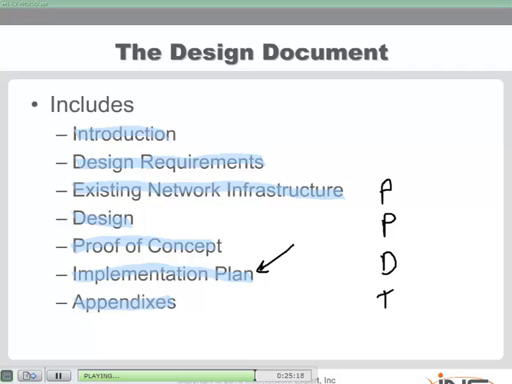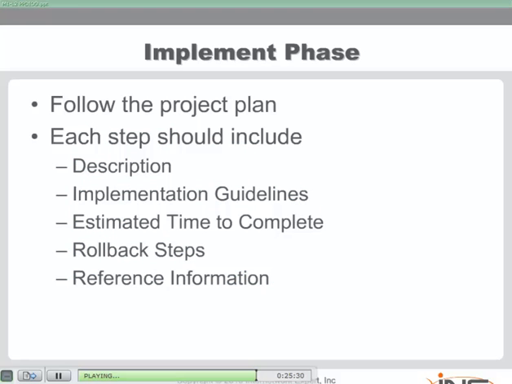Now we will go ahead and briefly talk about implementation, operation, and optimization, although we know these aren't the main focuses of CCDA. The implementation plan has you following two things very closely. Obviously, the overall project plan, and obviously, we're going to follow very, very closely the design document.